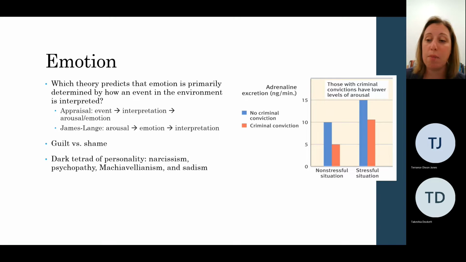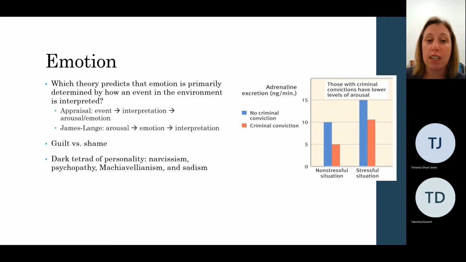And they compared the amount of adrenaline that people who have criminal convictions have versus people who have no criminal convictions. Presumably the people with criminal convictions are more likely to have psychopathy and potentially some of these other dark tetrad traits.